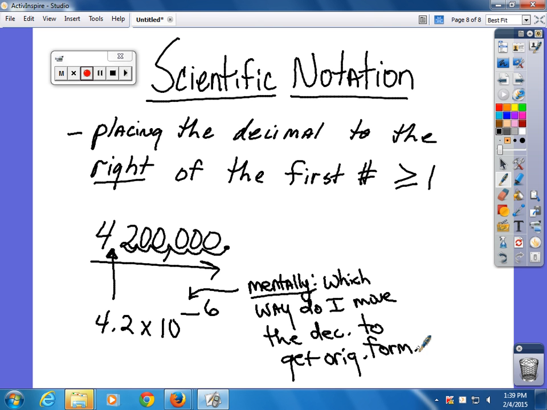I'm gonna draw a red arrow right here, because I'm looking at this decimal. I've already written this on my paper. Which way did I move this decimal in my head to get it back the way it was? To the right. Positive.